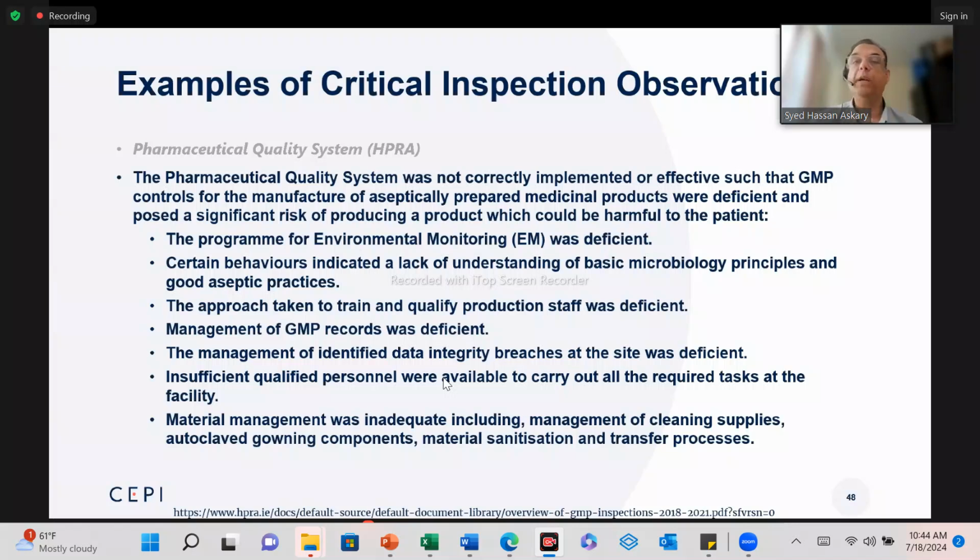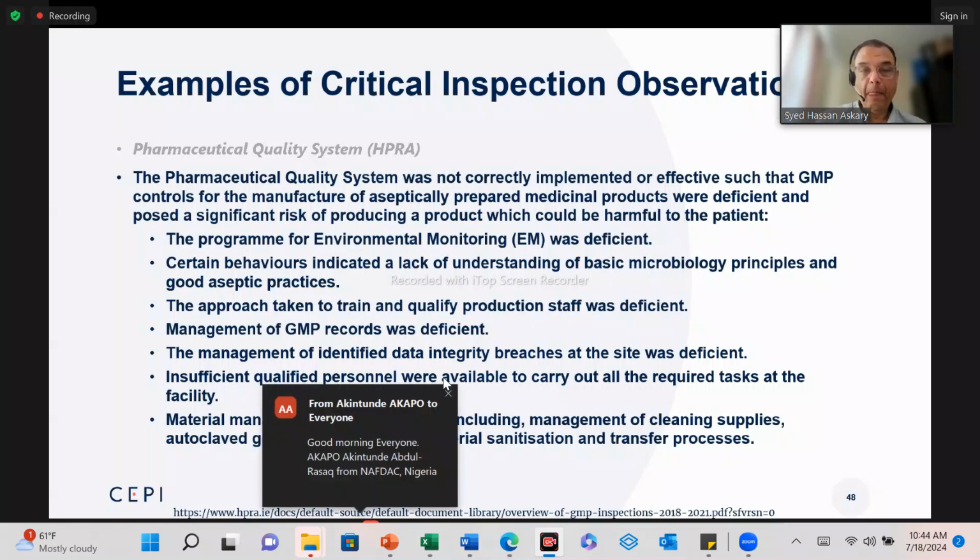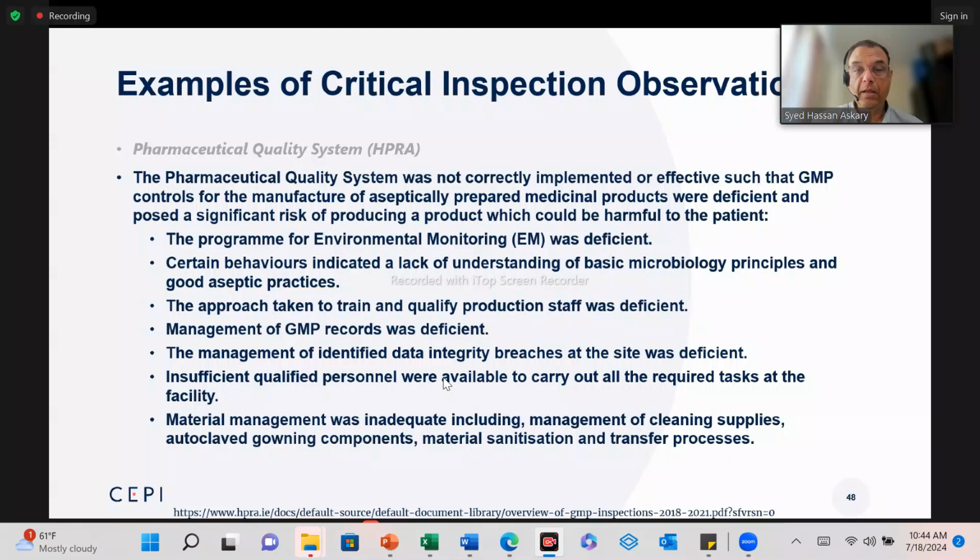If someone is working in that area, they need to have that basic understanding, or the approach taken to train and qualify production staff. So they look at it from various different aspects. Management of GMP records is another critical point that can be an observation during inspection.